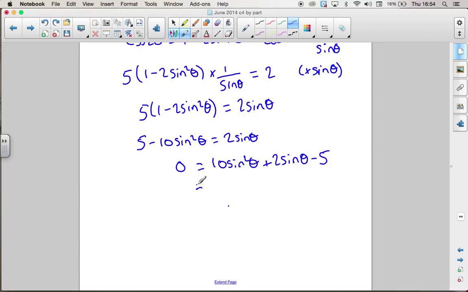Now hopefully this quadratic in sine will factorise. I'm going to hope that it's going to be a 5 and a 2, and if it is, that means it will be a 5 here and a 1 here. That's going to give me 25, so that is definitely not right.